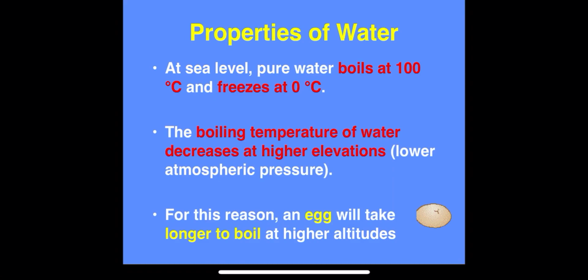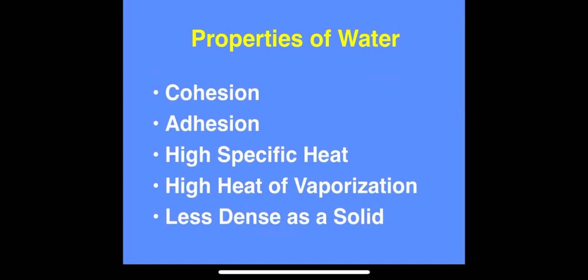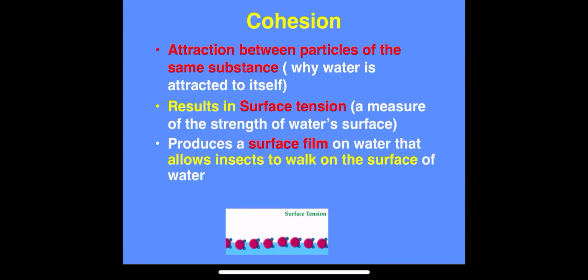For this reason, an egg will take longer to boil at higher altitudes. Other properties of water are cohesion, adhesion, high specific heat, high heat of vaporization, and less dense as a solid. Let's discuss these one by one.